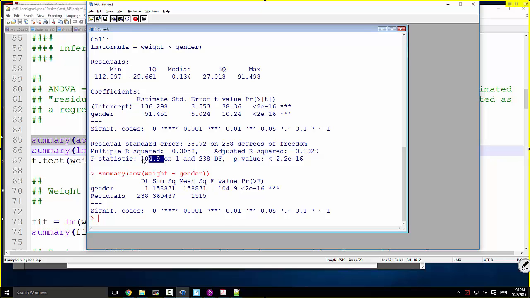This F statistic down at the bottom, in regression, is the statistic for asking whether you can take everything but the intercept out, which is equivalent to the ANOVA null hypothesis. ANOVA would say there's no difference in the means between genders. No difference in the means between genders means I could take everything but the intercept out of my model.